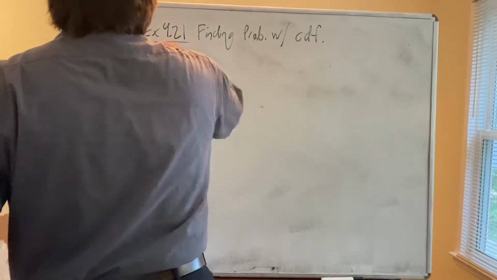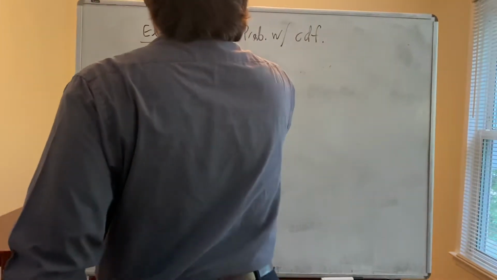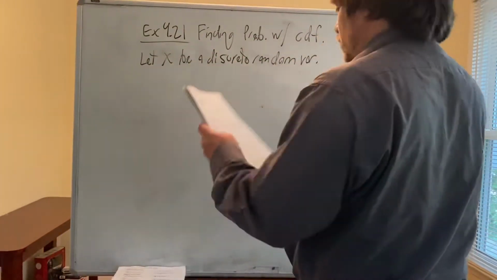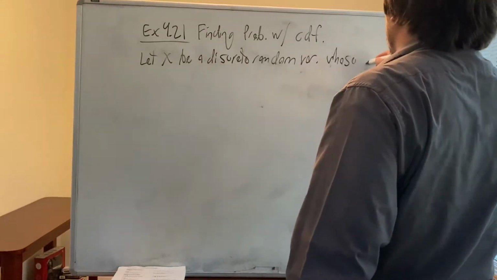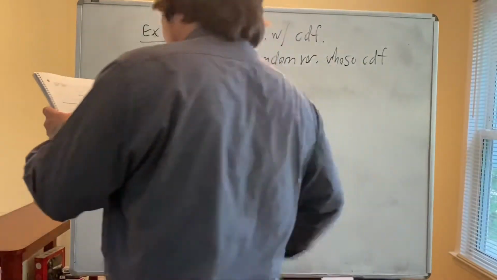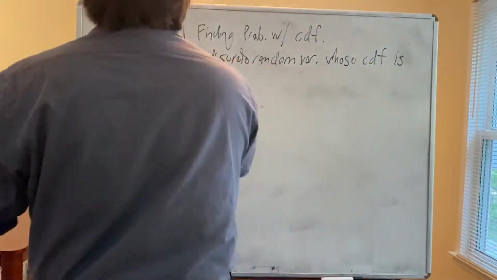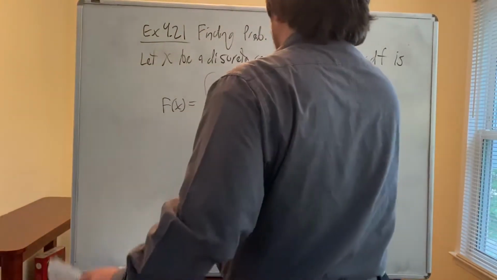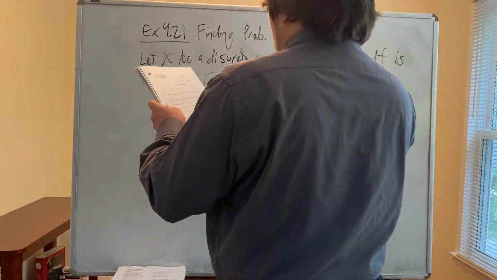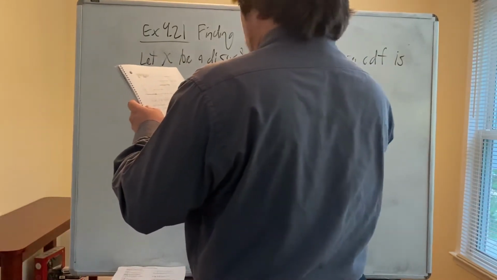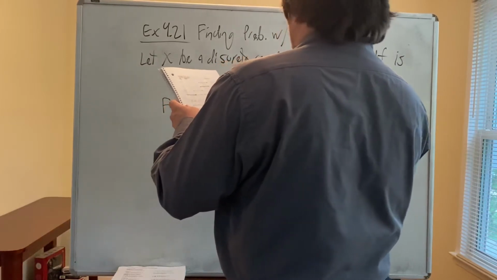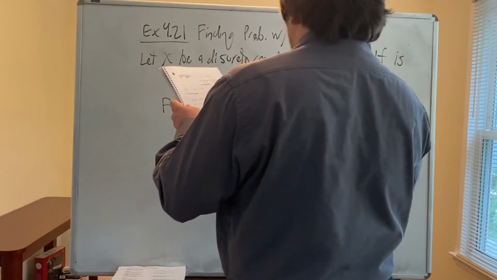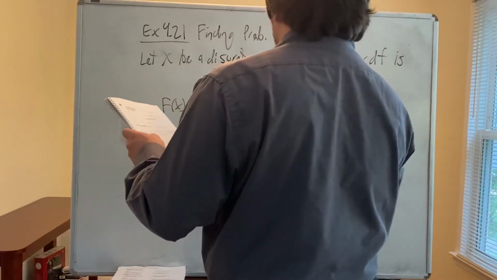Okay, so let capital X be a discrete random variable whose cumulative distribution function, whose CDF, is capital F of x, which is equal to 0 for x less than or equal to -3, 1/6 for -3 less than or equal to x strictly less than 6, 1/2 for 6 less than or equal to x strictly less than 10, and 1 for 10 less than or equal to x.